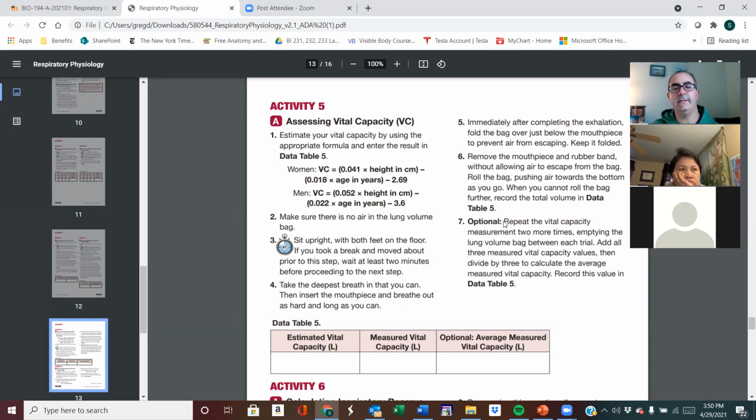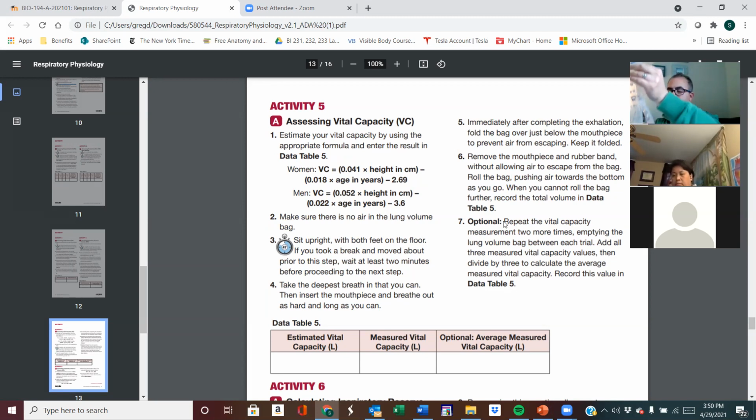So you're going to sit, right, and you're going to do the same thing with the cardboard and the rubber band. So you're going to inhale as deep as you can and then exhale into there. Fold this thing down and see what your vital capacity is.